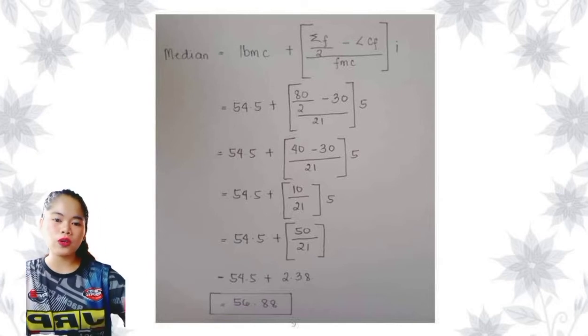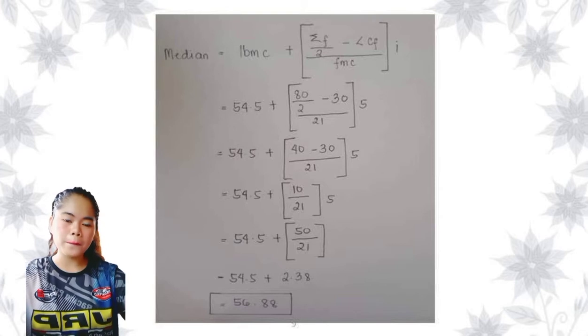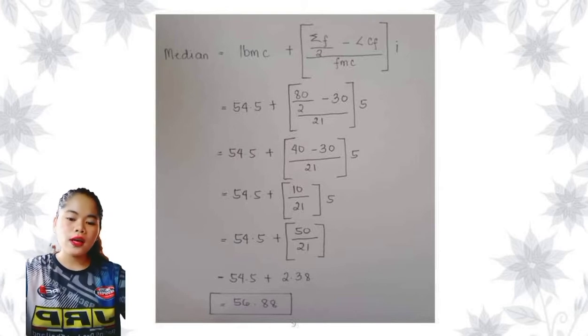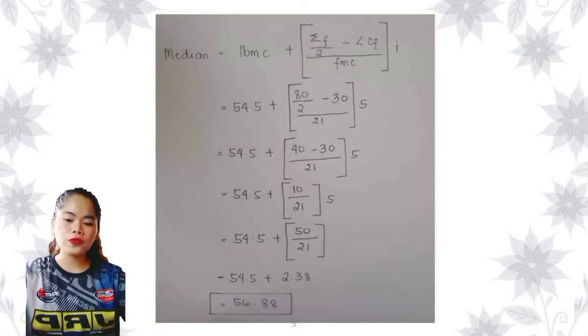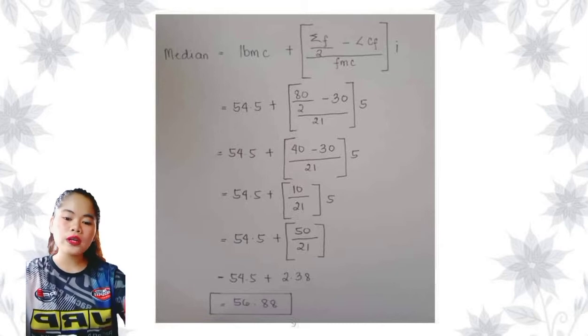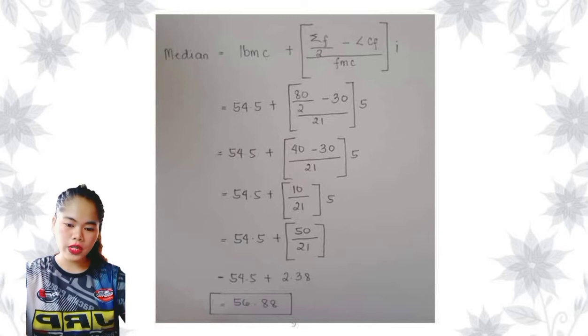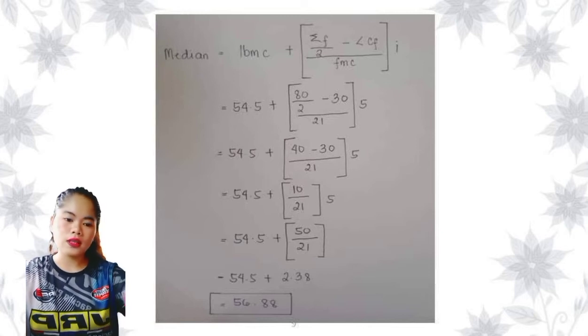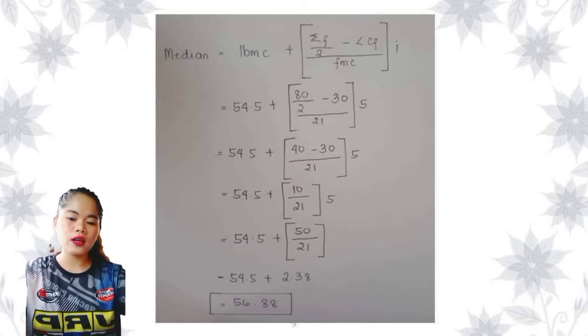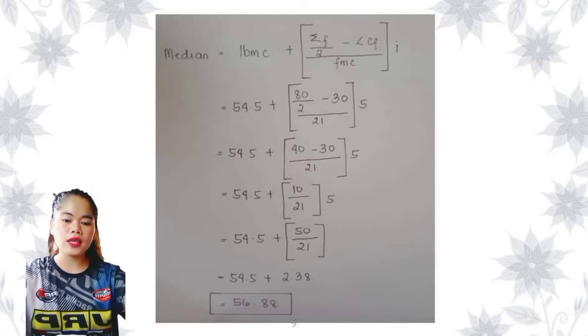So we have to substitute the given numbers into the formula. So median equals 54.5, which is our lower boundary as we see in the table, plus 80, which is the total summation of f or frequency.